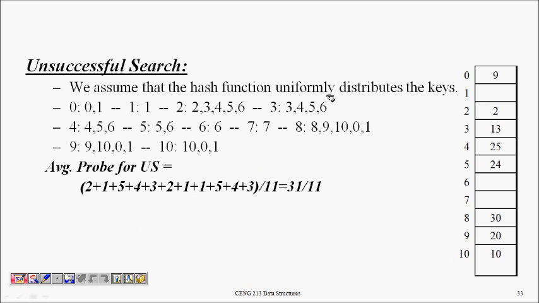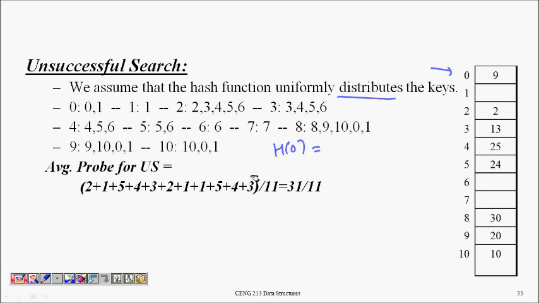Similarly for unsuccessful search, how much do you need? Let's say I'm searching for 0. 0 is of course not there, so h of 0 is 0 mod 11, and we try to find it here.